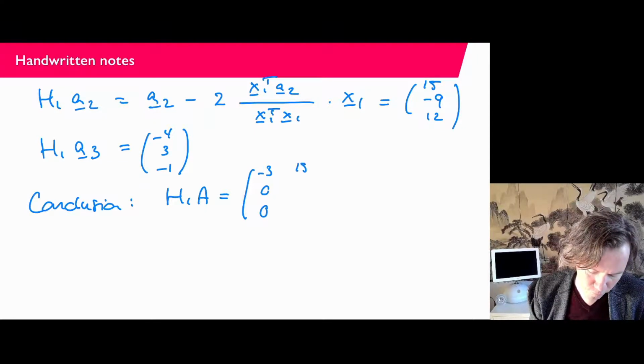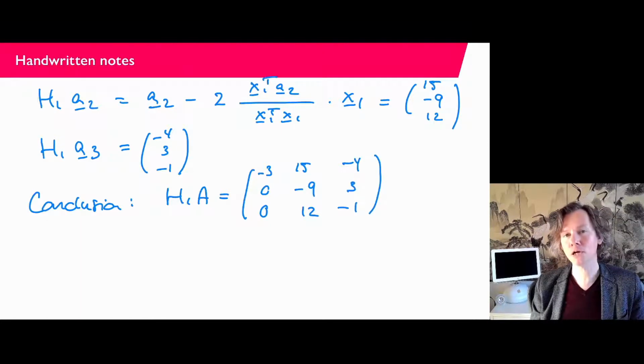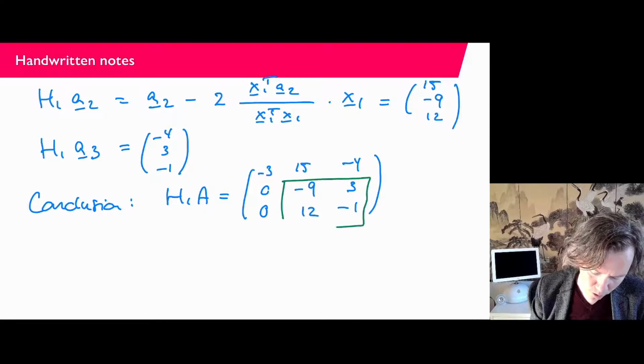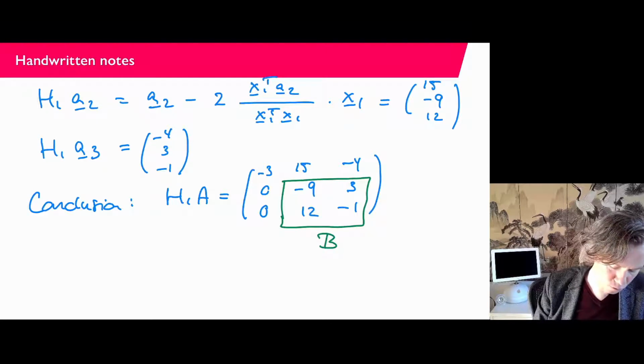Here we have 15, minus 9 and 12, and minus 4, 3 and minus 1. And then in our next step, we have to consider this 2 by 2 block. In the previous slides, I called this B. The next step is to transform minus 9, 12 using H2 hat.